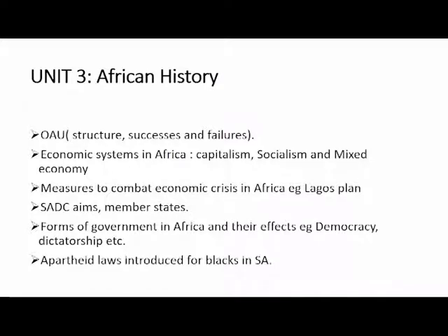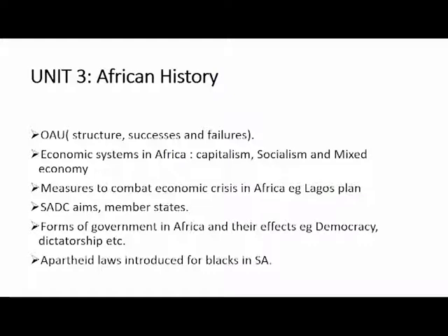Apart from knowing the bodies that made up the structure of the Organization of African Unity, you should also know the successes and the failures of the Organization of African Unity.